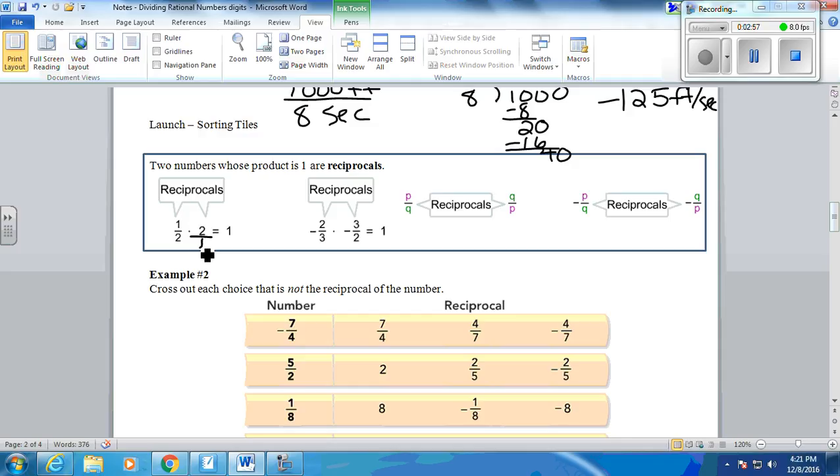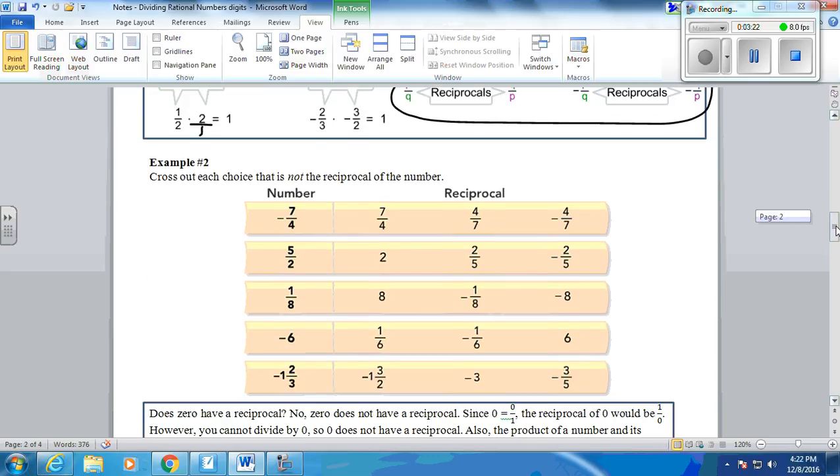The new thing now is we have got the negatives, that the reciprocal of a negative number is also negative. So -2/3 times -3/2 will give us 1. So this is a key concept for today, that positive numbers, your reciprocal will be positive. Negative fractions or numbers, your reciprocal will also be negative.